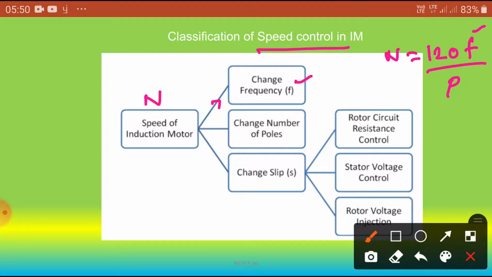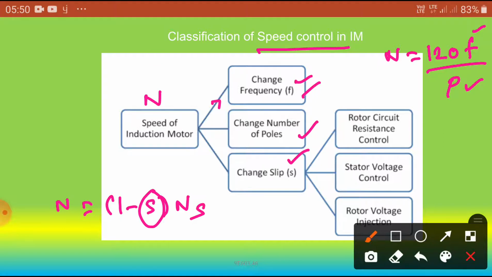Two, change in the number of poles. Three, change in slip, S, where N is equal to (1 minus S) into Ns.